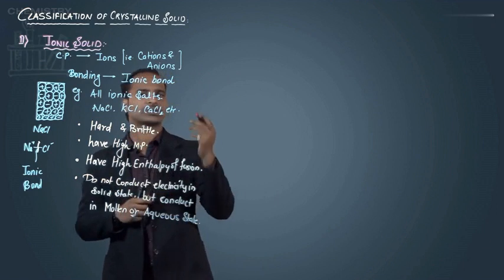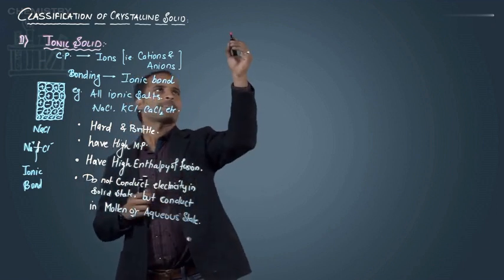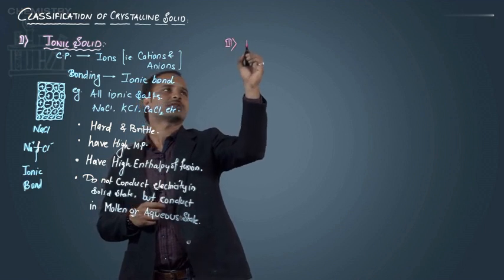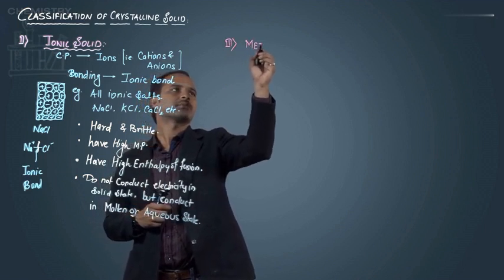Now let's talk about the third type of crystalline solid, and it is known as the metallic solid.